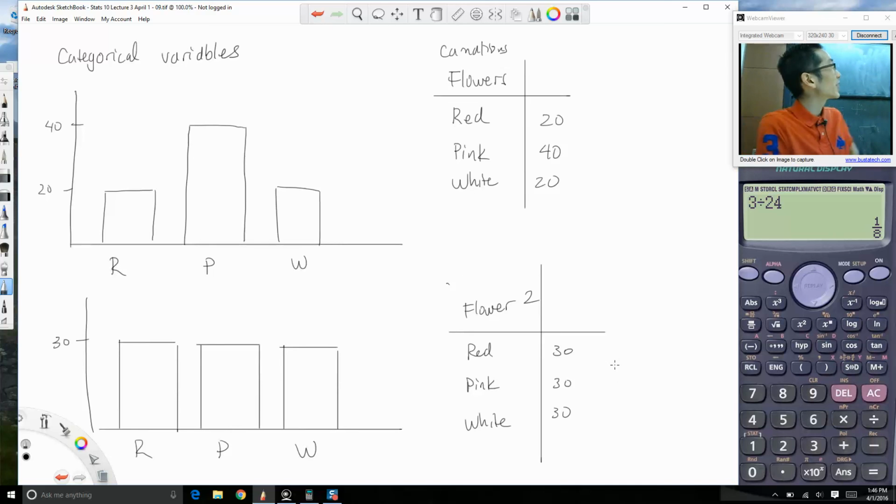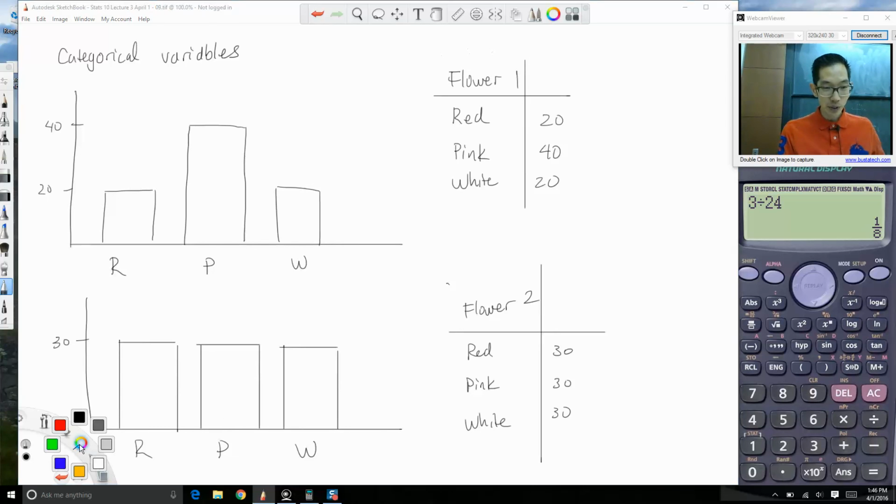Which would you say, I'm just going to call this flower 1 versus flower 2. Does flower 1 or flower 2 exhibit more variation in color? Flower 1 has more variation or flower 2 has more variation in colors? Okay, so the answer is flower 2 has more variation in color, okay?